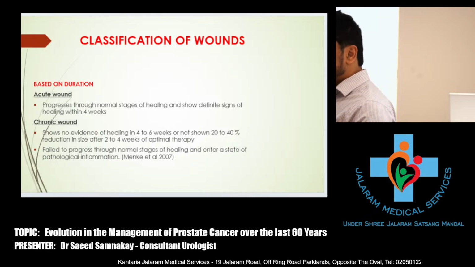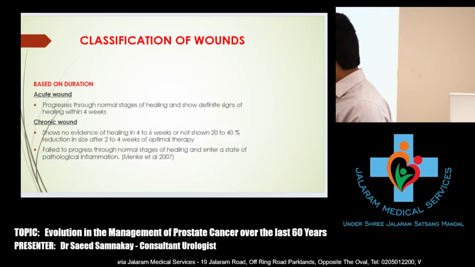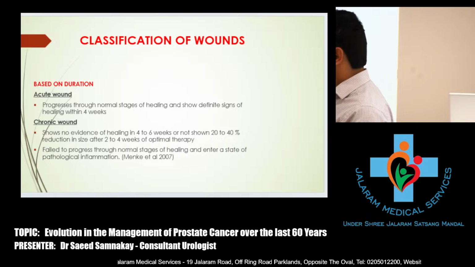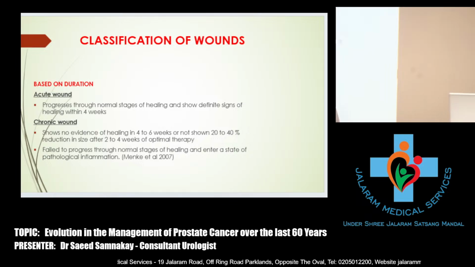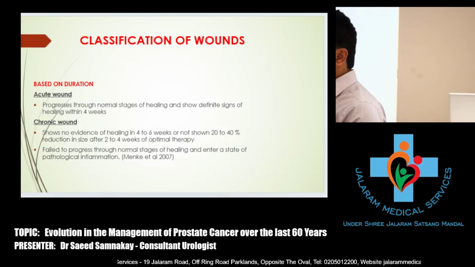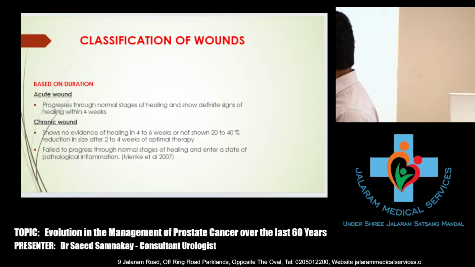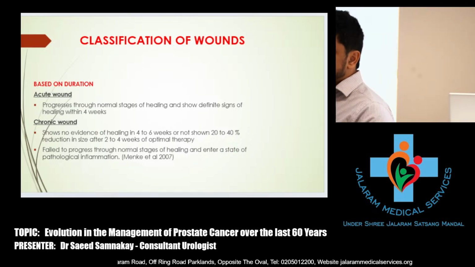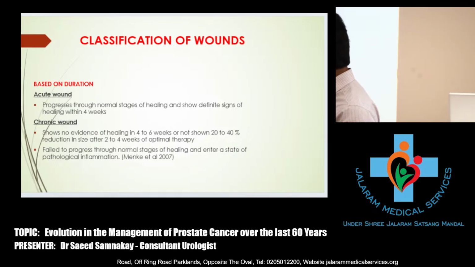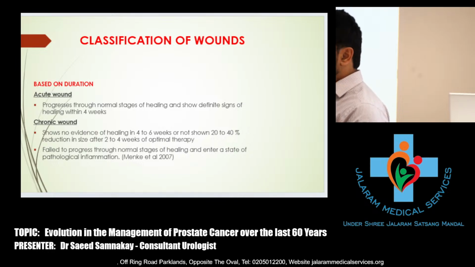And usually they give it a sign of 4 weeks. For chronic wounds, between 4 to 6 weeks, there's no evidence of healing, and these are wounds that fail to progress. So they start at the phase of hemostasis, and then they're stuck in the phase of inflammation. So basically there's no progression through the phases, all right?